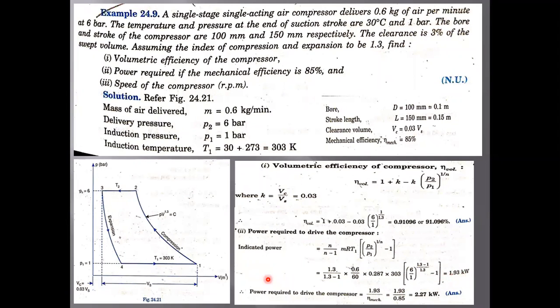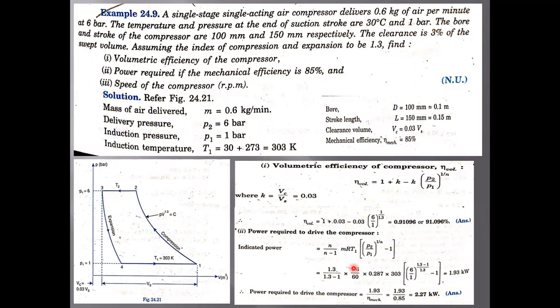And what he asked to find out is the power required to drive the compressor if the mechanical efficiency is 85%. We just now obtained the indicated power of the compressor only. He asked how much power is required to drive the compressor, so there will be losses now. Indirectly, he has asked for the input power we are going to give.